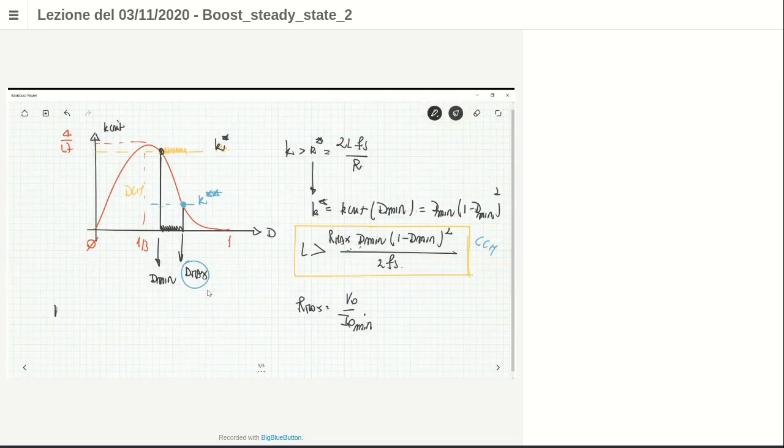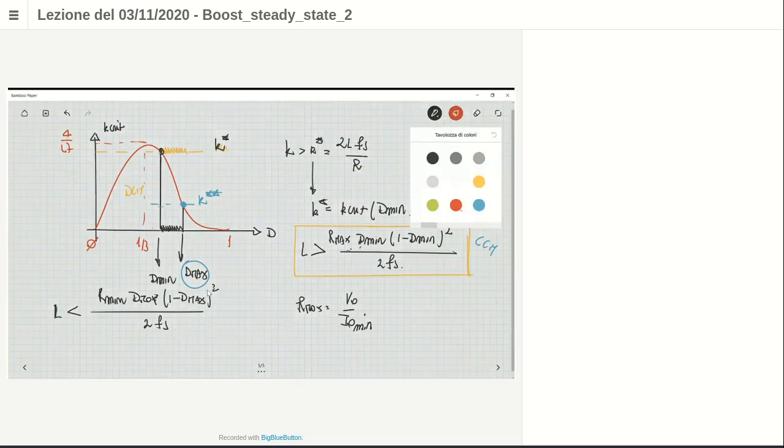In order to be sure to operate the converter in DCM for all the time interval, then you have R minimum, duty cycle maximum, 1 minus duty cycle maximum squared, divided by Fs.